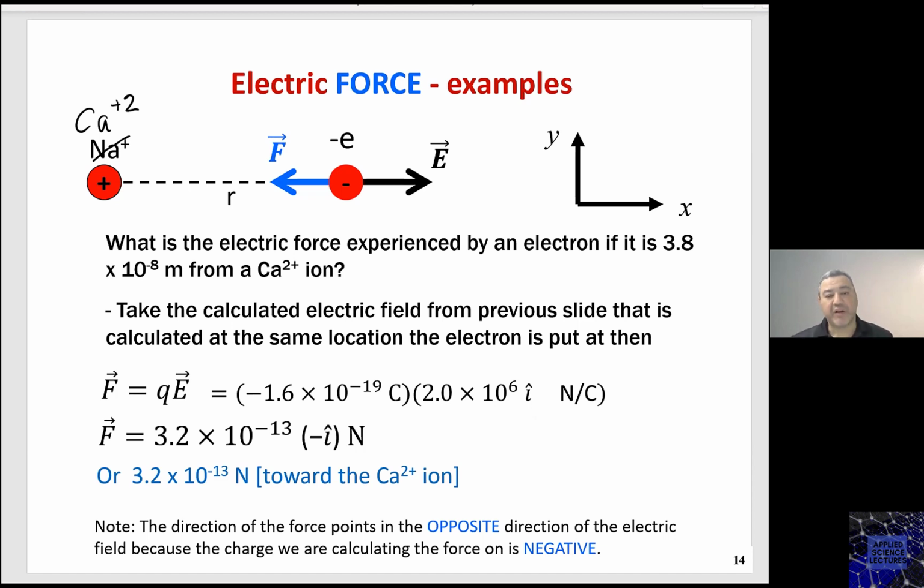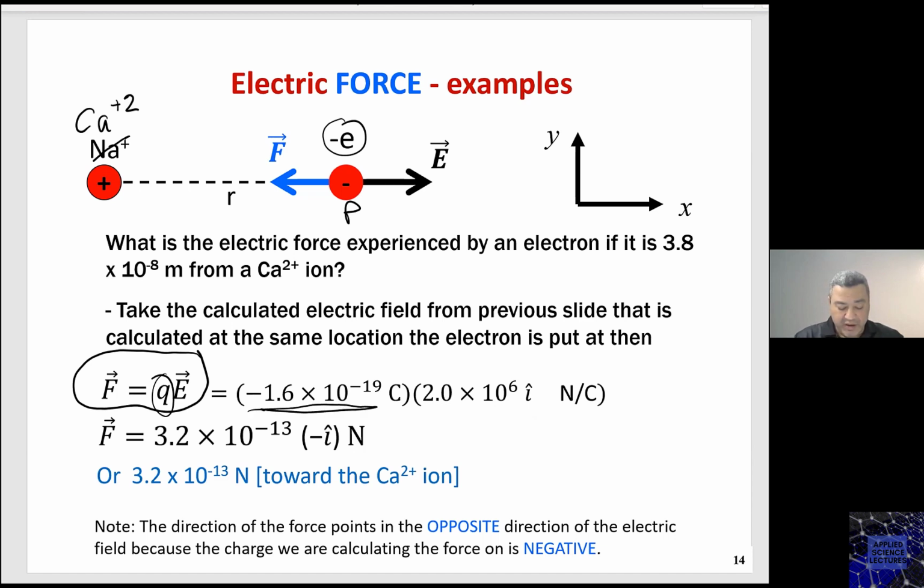If I am to calculate now the force exerted on an electron that I put here at the location P, then if I apply this expression F equals QE, if this charge is negative, then this Q will be negative, and that's why it is minus 1.6 to the power minus 19 Coulomb.